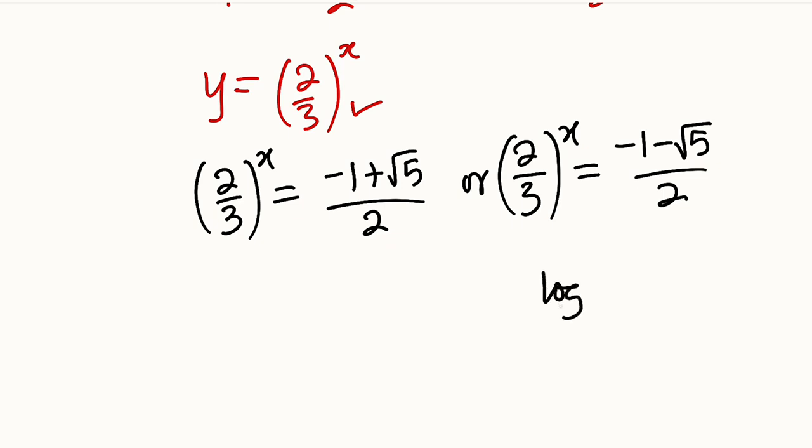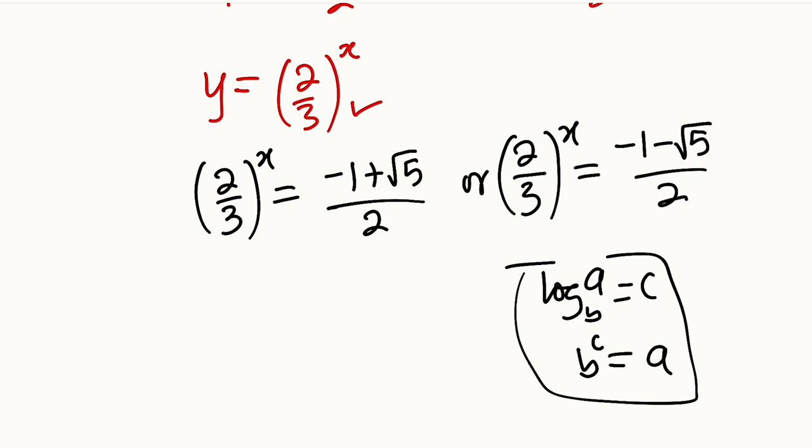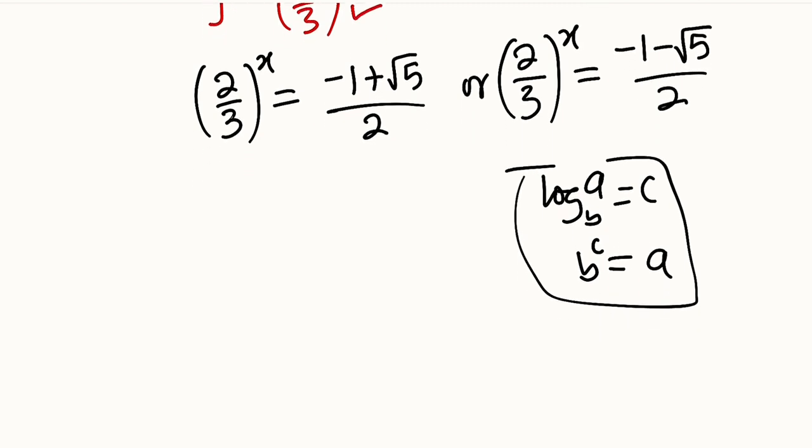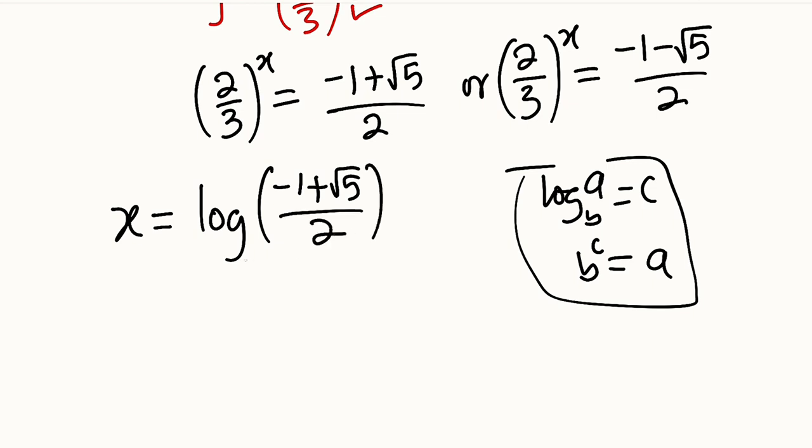One thing you should know is that these exponential equations can be related using logarithm. Remember, if you have log a base b equal to c, b to the power of c is the same thing as a. So we can use this to relate the two equations. All right. The first one here, x is equal to logarithm of minus 1 plus square root of 5 divided by 2 base 2 over 3.